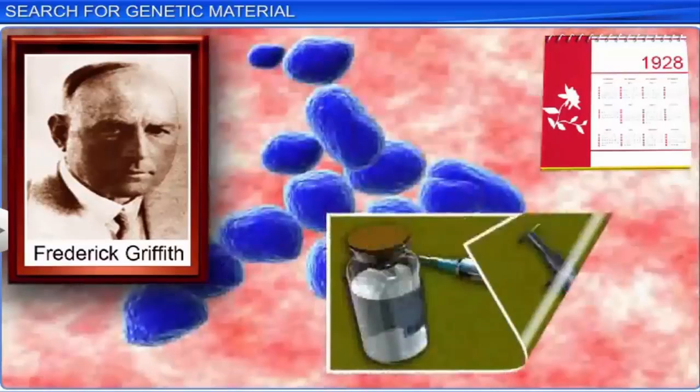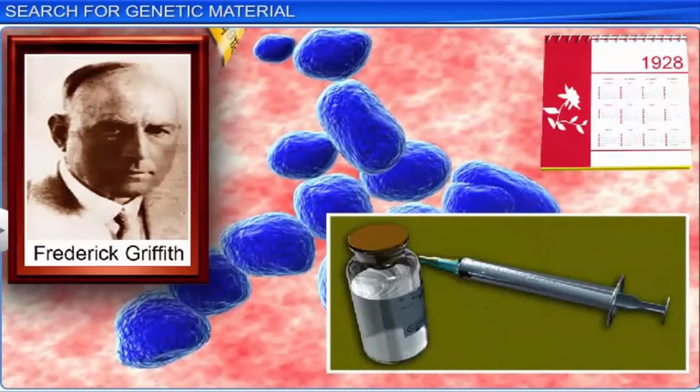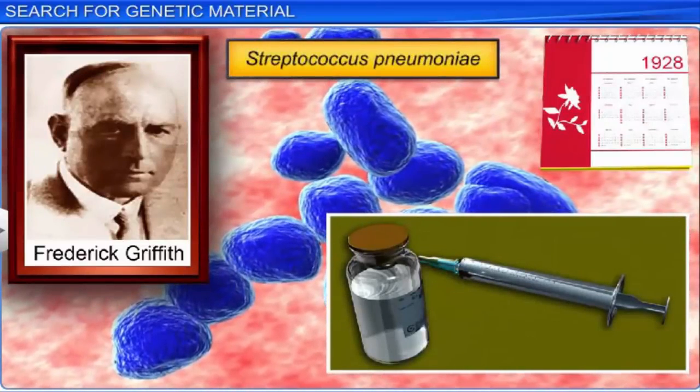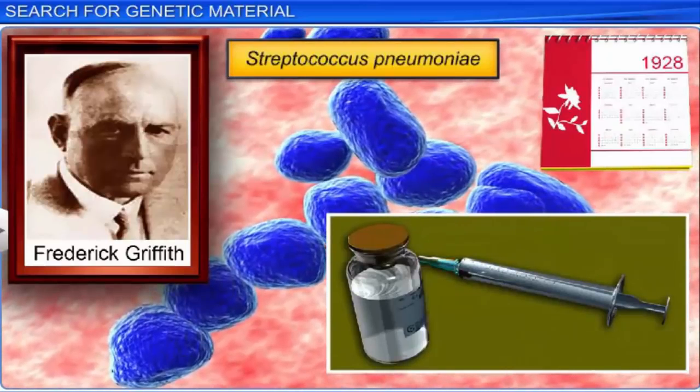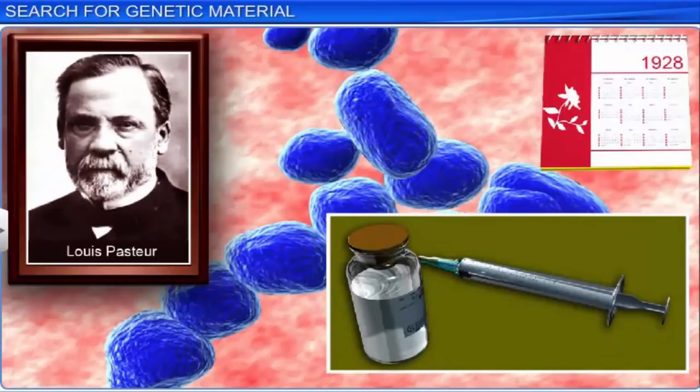In fact, Frederick Griffith was in the process of developing a vaccine against the bacteria Streptococcus pneumoniae that caused pneumonia by inoculating the dead microbes, along similar lines of Louis Pasteur's experiments on vaccination.